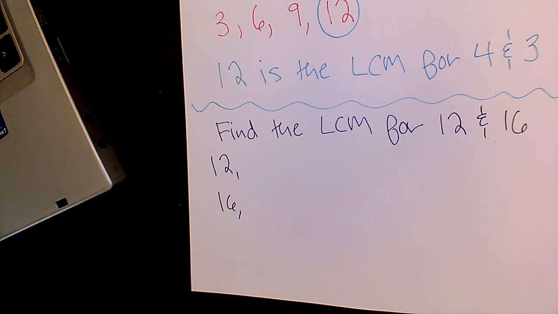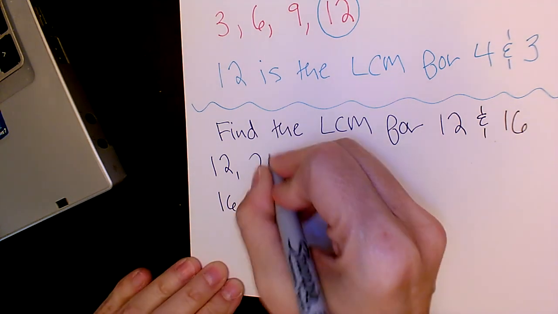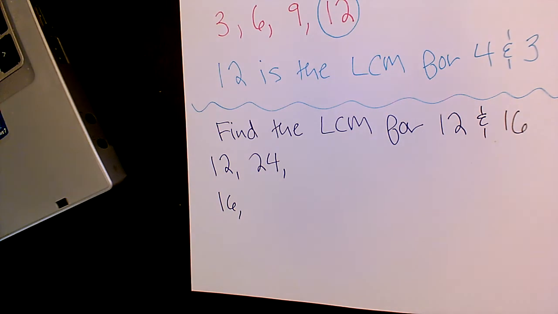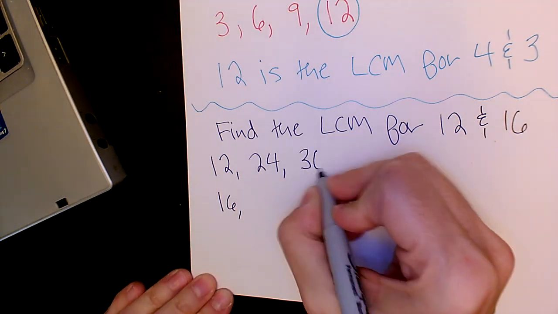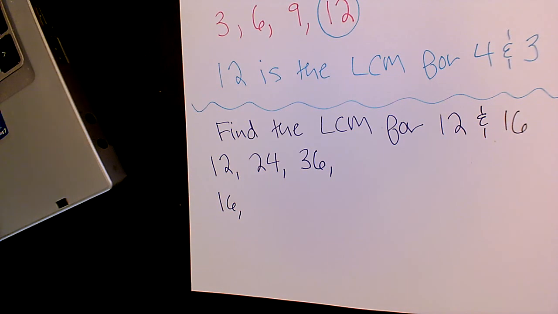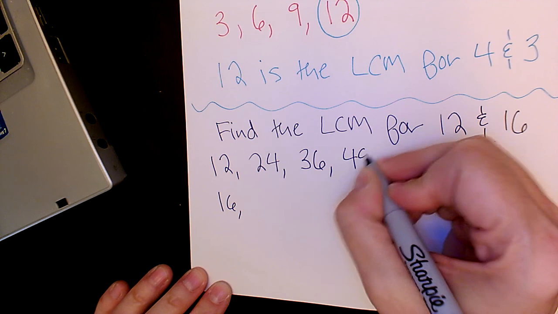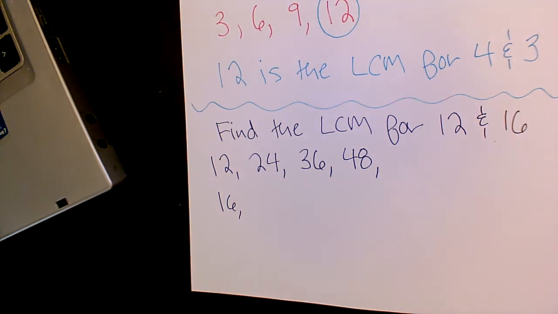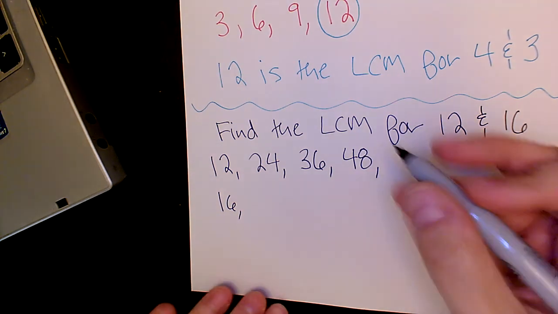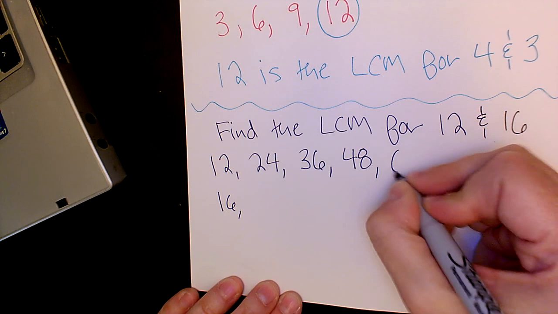And if you want to punch it in your calculator, 12 times 2 is 24. 12 times 3 is 36. 12 times 4, I'm just punching in 12 times 4. And 12 times 5, just punching in 12 times 5.